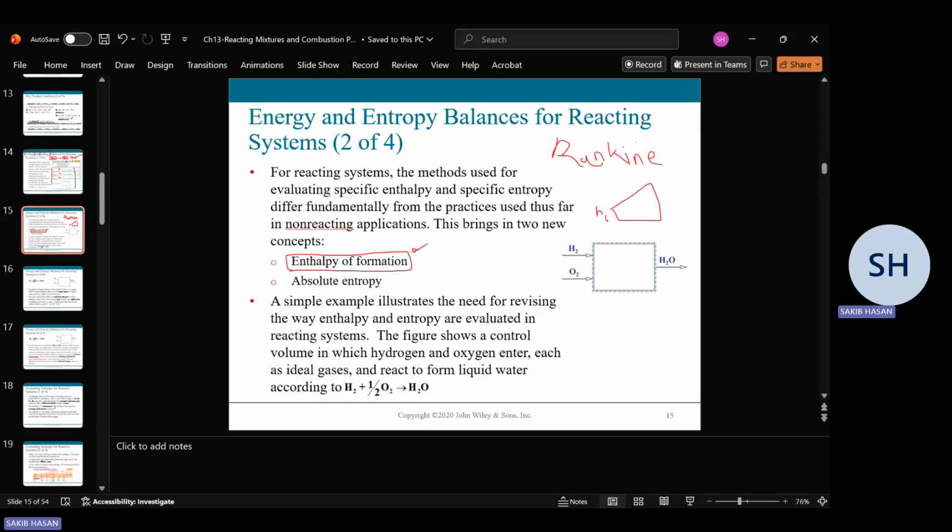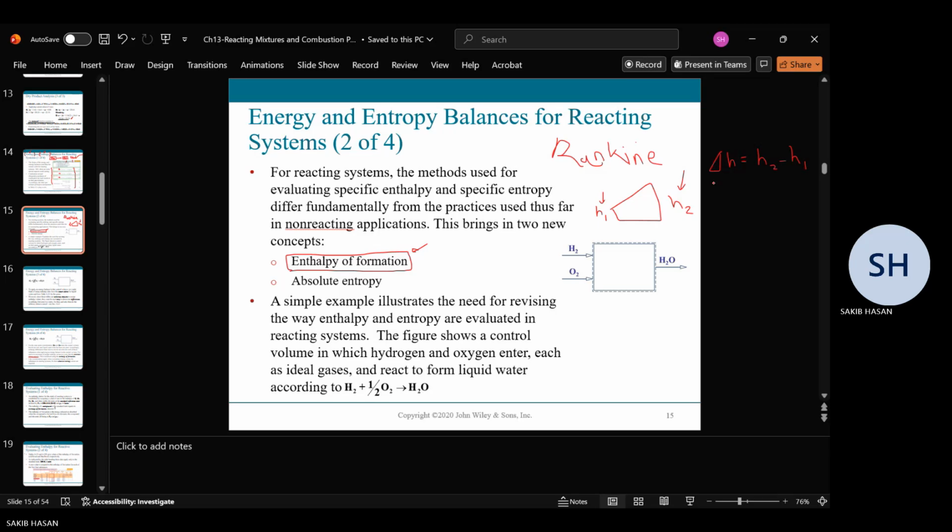But if we wanted to find the work across this turbine, all we had to do was look up the state before and find the enthalpy on a steam table, and then look up the state after and find the specific enthalpy after it passes through the turbine. And then we just got the work output as this difference in enthalpy, right?